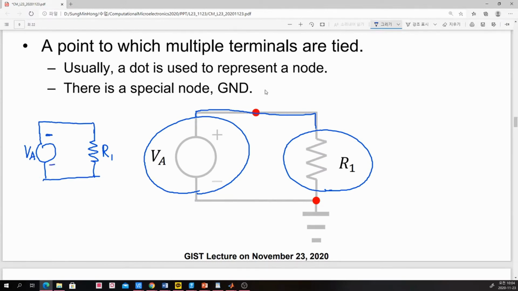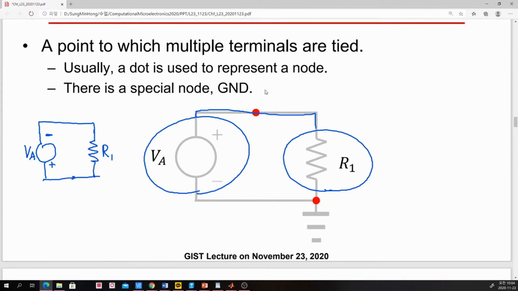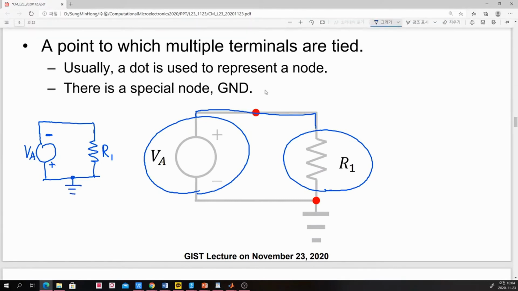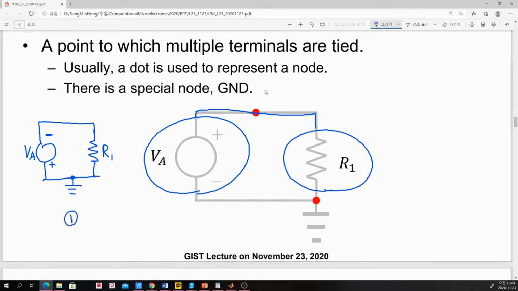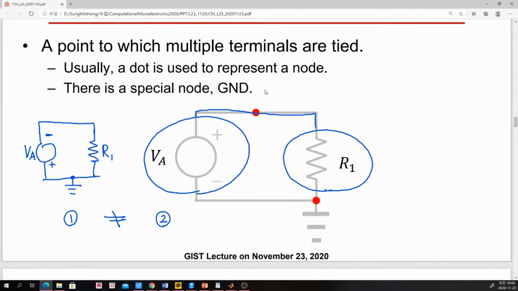Minus and plus are connected. Then this one and this one are not the same case in general.